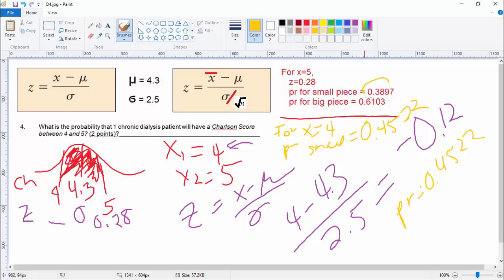So what do we do now? Well, we have this little piece here, which is this one. And we have this little piece here, which is this one. And we're going to go back to our game plan. Remember, we're going to do 1 minus this one, and then minus again this one.